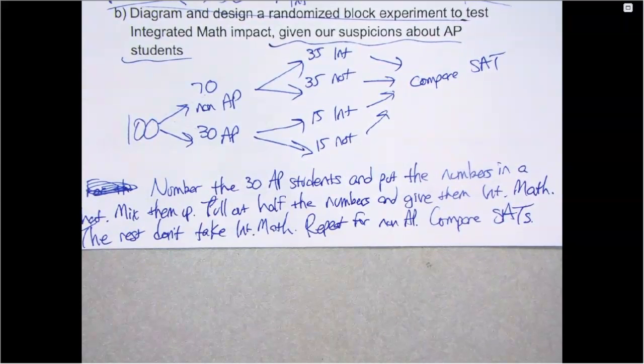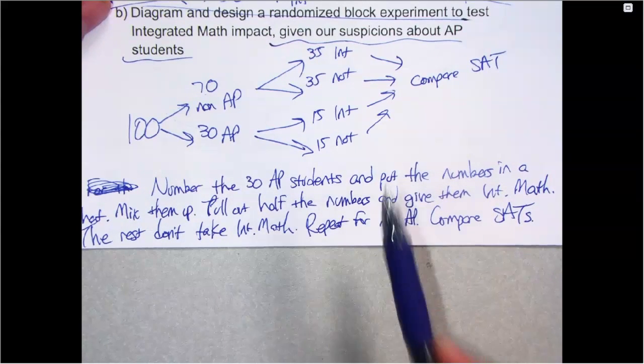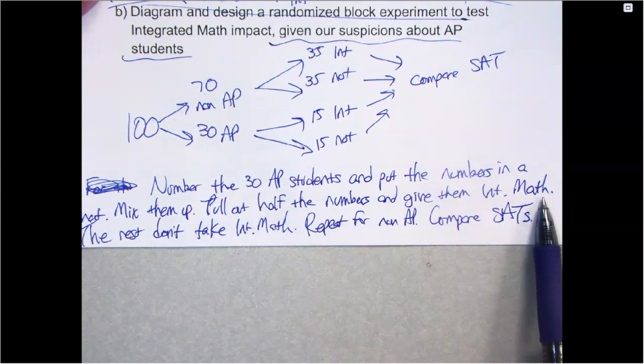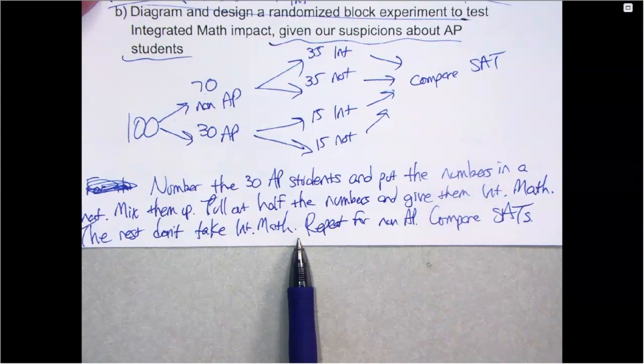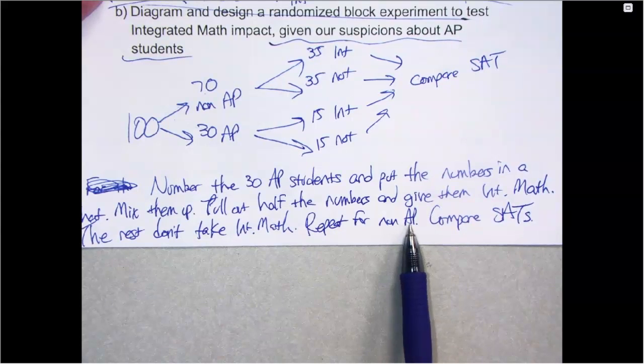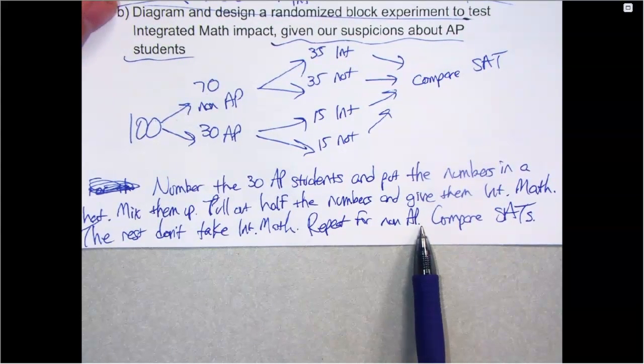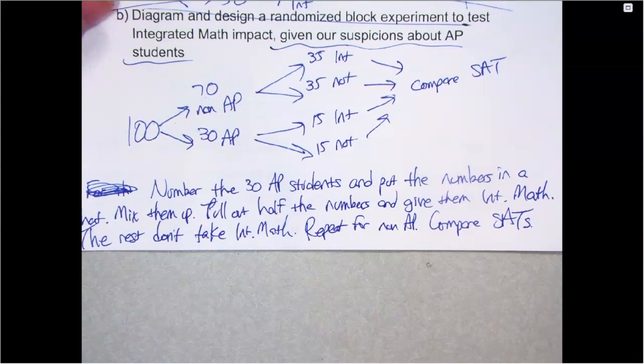Whatever variable you think is lurking or confounding, that's the one you're going to use. So my wording was: number the 30 AP students and put the numbers in a hat, mix them up, pull out half the numbers and give them integrated math. The rest don't take integrated math. Then you can just say, repeat for non-AP, like I don't have to write all of it out again, and then compare SATs.